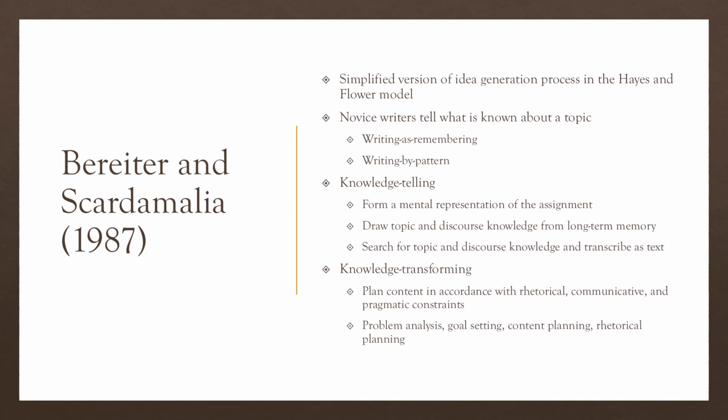So it becomes a much more sophisticated type of writing with the goal in mind of creating knowledge or transforming knowledge rather than just telling about something they already know. So in a book report, you'd be knowledge telling, but in an analysis of a text, you'd be knowledge transforming.